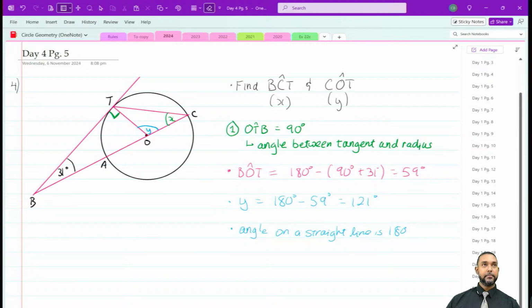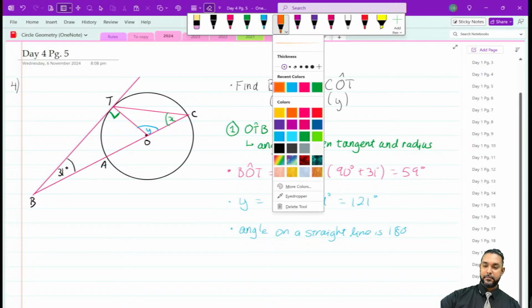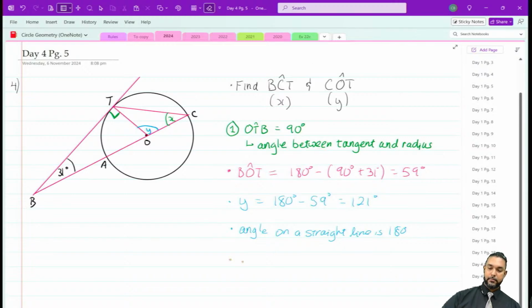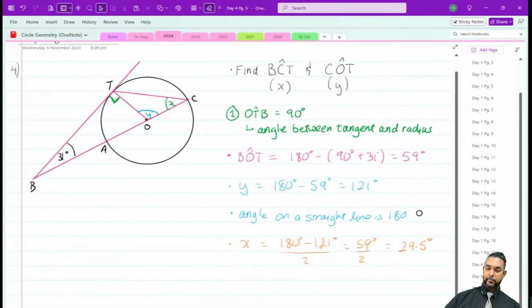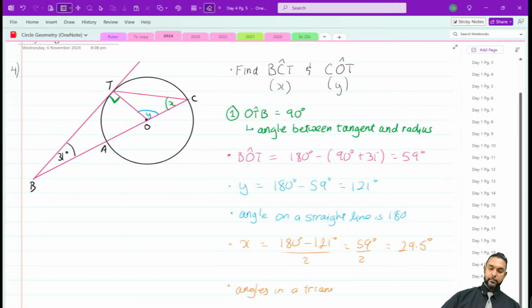Yeah. Define X. That's correct. Well, I found y first.